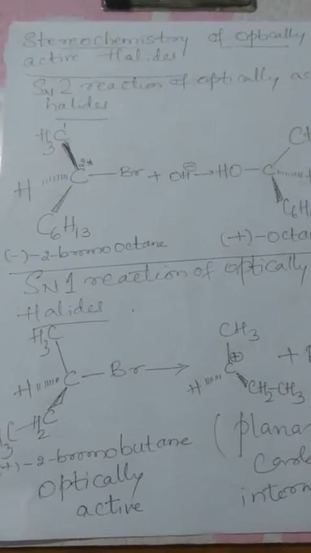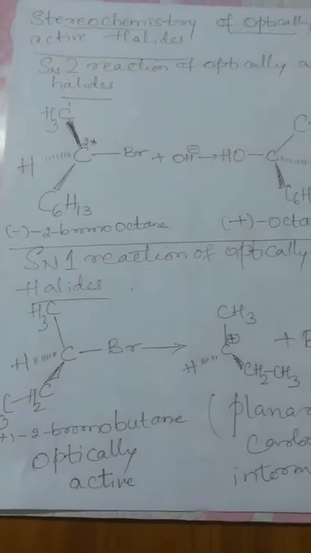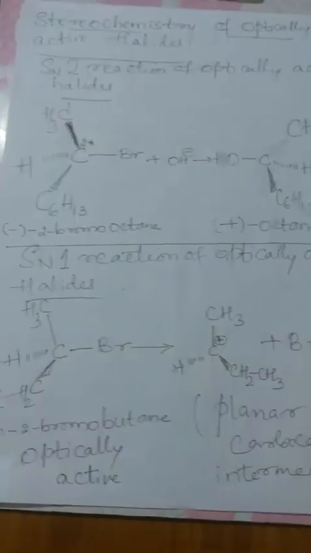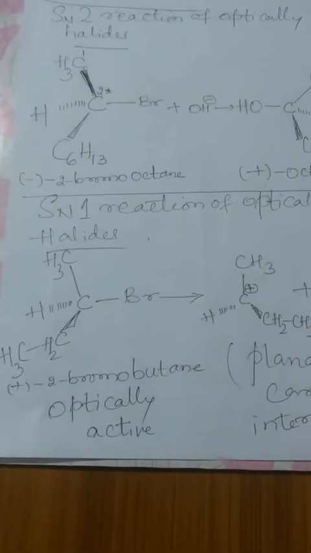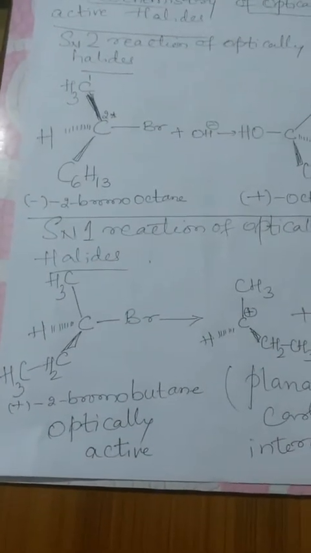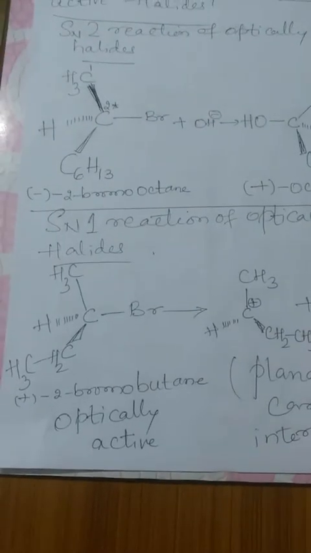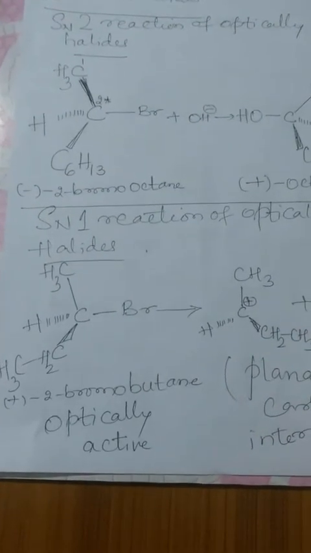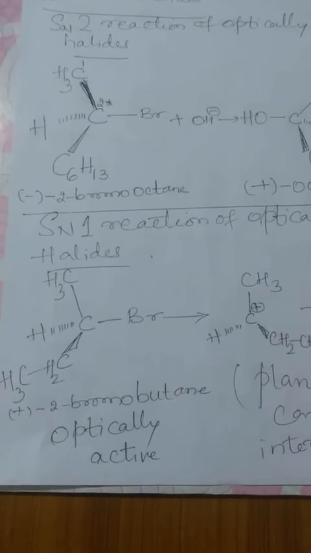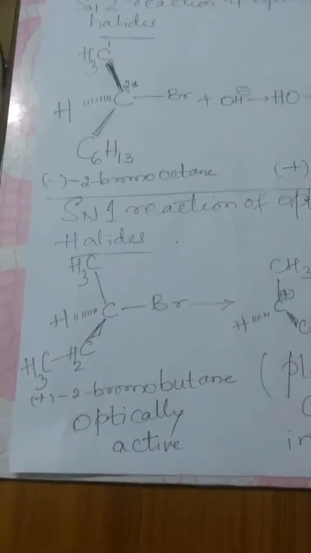Now coming to SN1 reaction of optically active halides. The example taken can be anyone, either plus or minus. It should be optically active. Here it is 2-bromobutane.